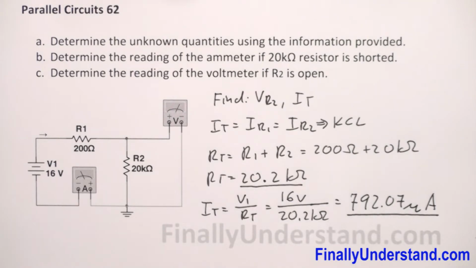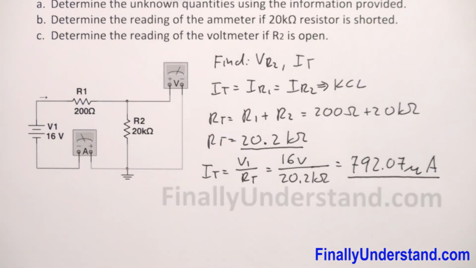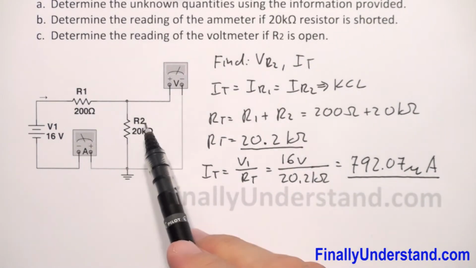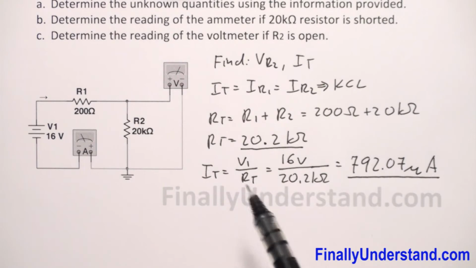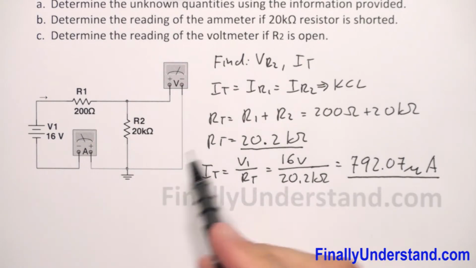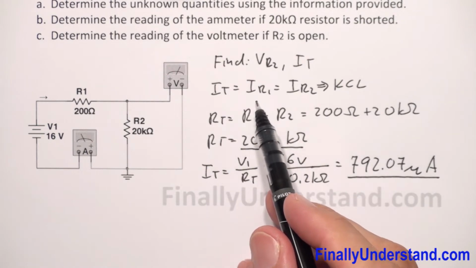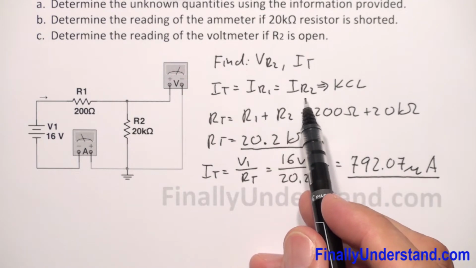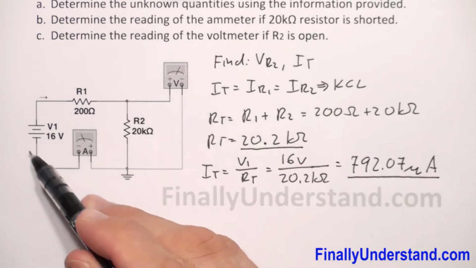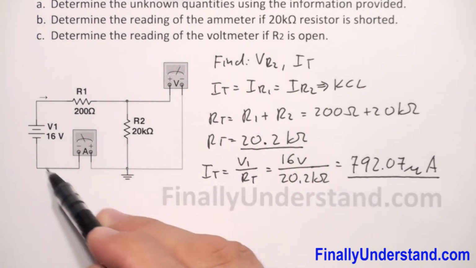Now we have to find the voltage across resistor R2. We already found I total, and let me remind you one more time that I total is also equal to the current through resistor R1, and also equal to the current through resistor R2, because this is a series circuit.